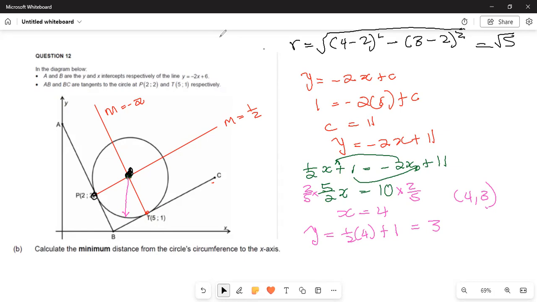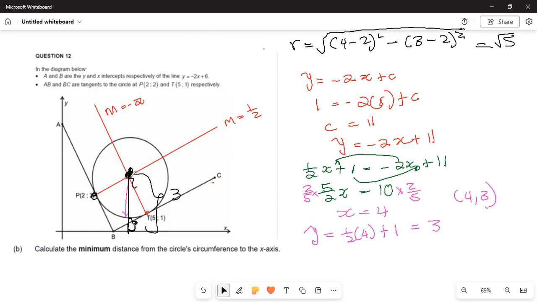Now, the shortest line will exist where the line goes straight from the center to the x-axis, right? And the distance from the circumference would be just this part over here. Now, this distance from there to there is 3, according to the y value of our center.